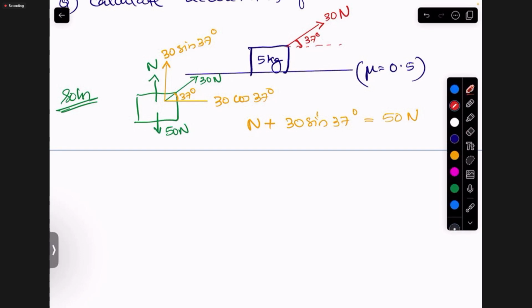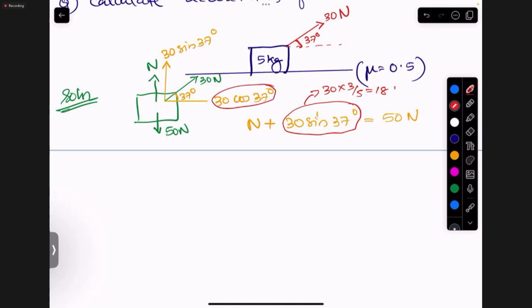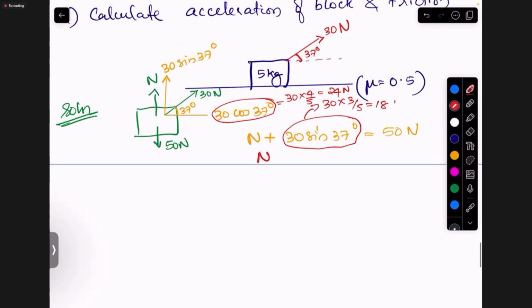So this value is 30 times 3 by 5, which is equal to 18. And this value is 30 times 4 by 5, which is equal to 24 Newton. So N plus 18 equal to 50 Newton, so N equal to 32.